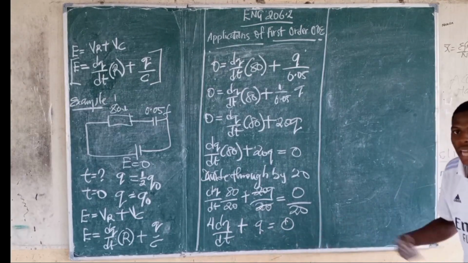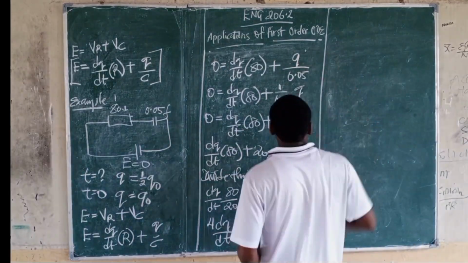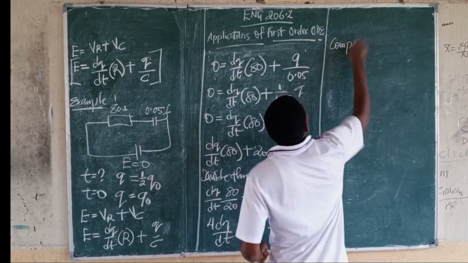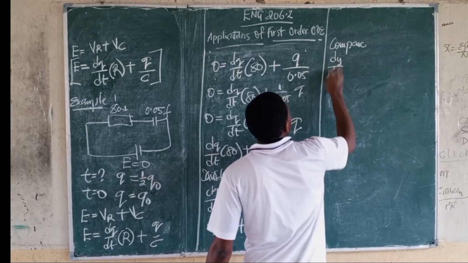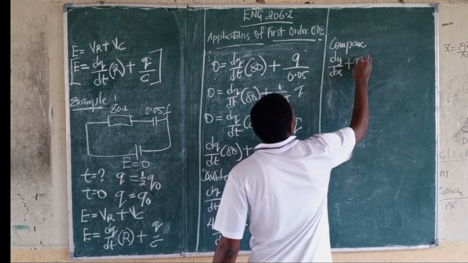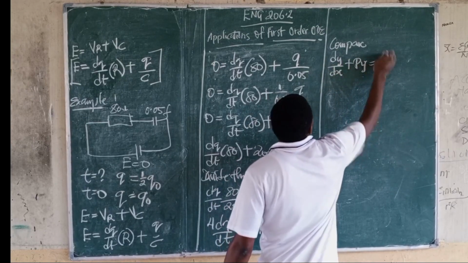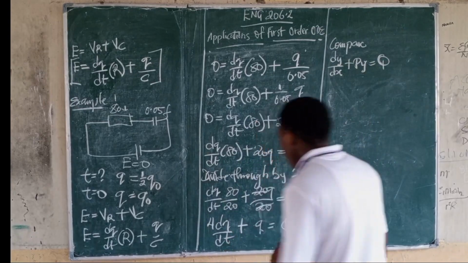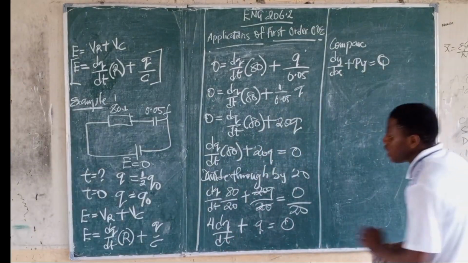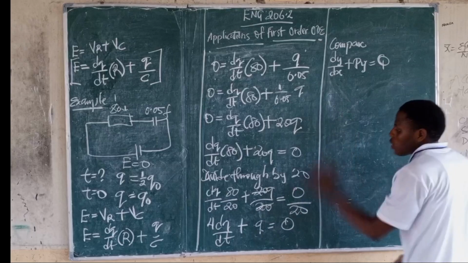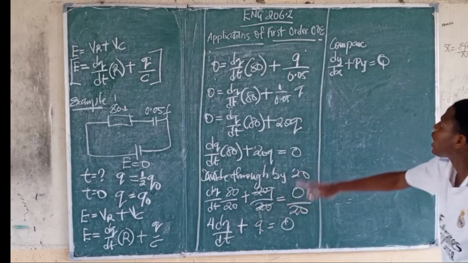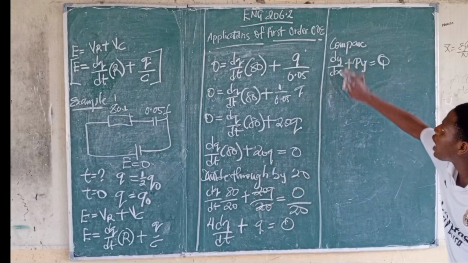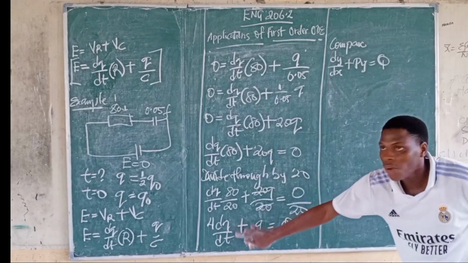We compare. Now, comparing, I told you, when you are comparing, we are comparing dy over dx plus Py equal to Q. But in this case, we are not interested in y and x. What are we interested in? Q and t. So since we are interested in Q and t, anywhere we see y and x, we are substituting Q and t.